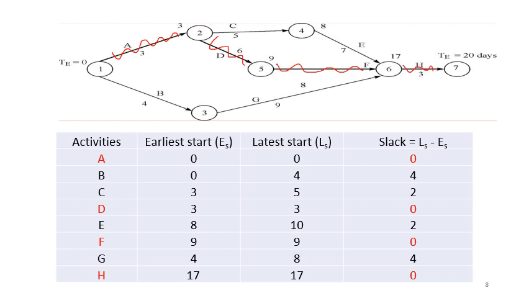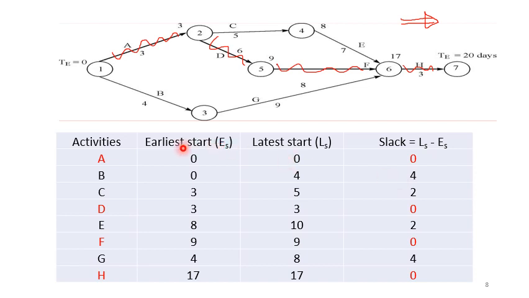This is how you highlight the critical activities, or you can just indicate these critical activities with double arrows. On the activities, just draw a double arrow so that you differentiate between the critical and the non-critical activities.